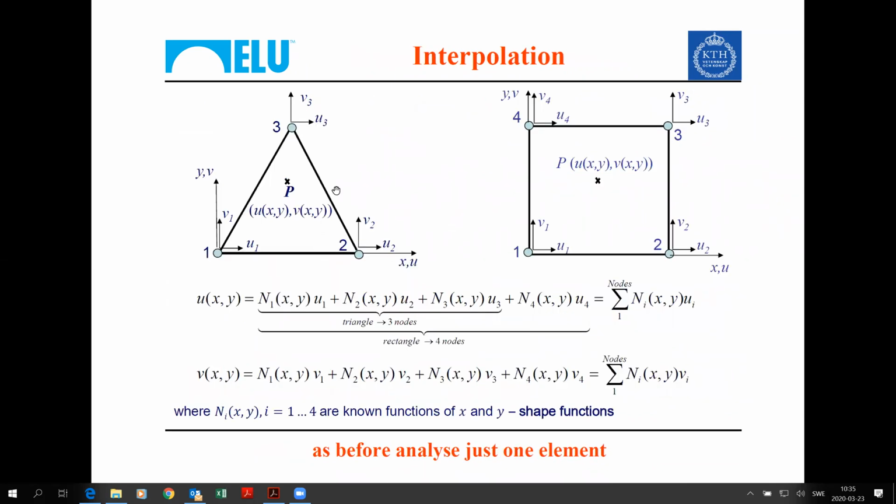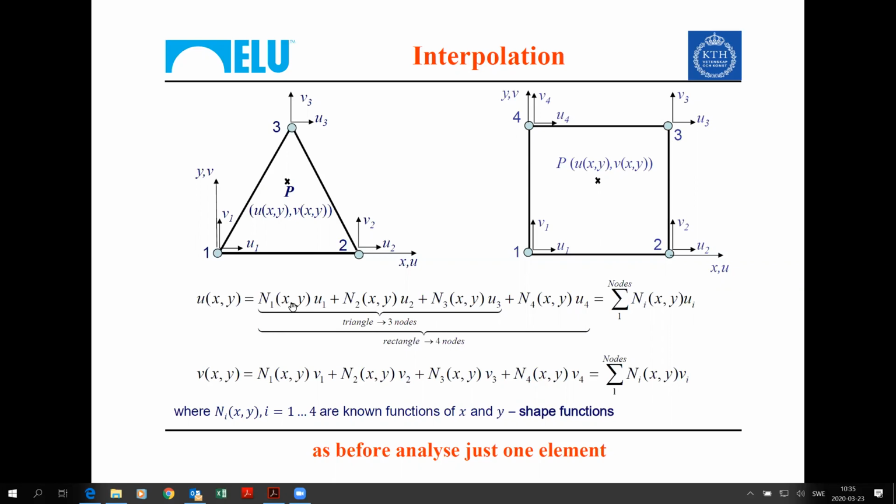Now, how does our interpolation look like? Assume that our smaller parts are triangles. Then u of x and y inside my triangle will be N1 of x and y times u1 plus N2 of x and y times u2 plus N3 of x and y times u3. The three horizontal displacements are u1, u2, and u3.